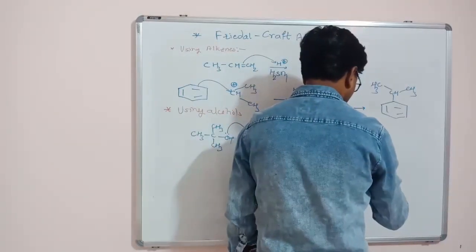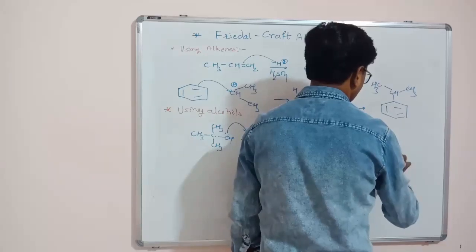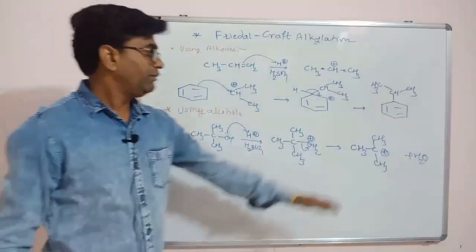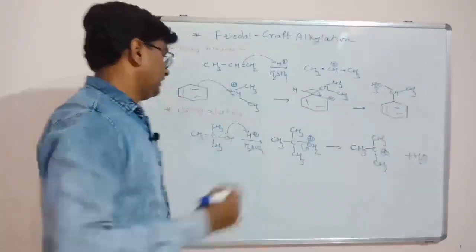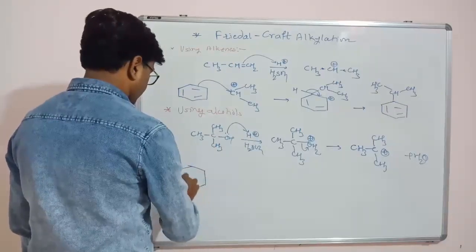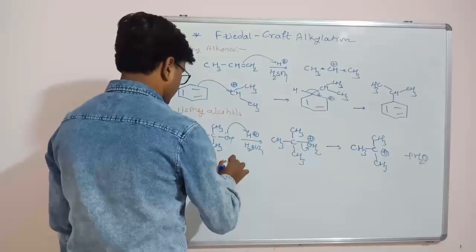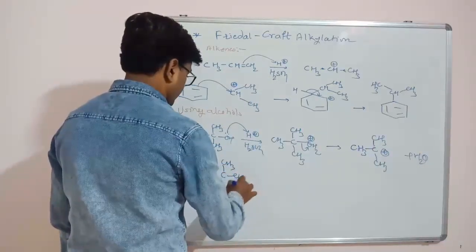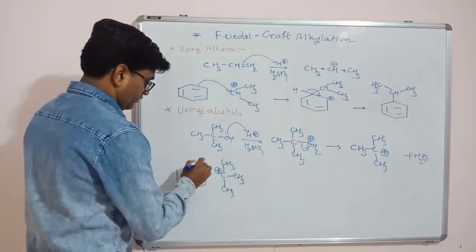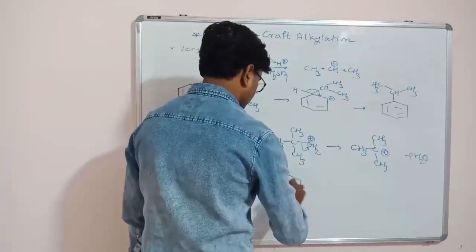So we will get this tertiary butyl carbocation plus water as a byproduct. Now we have a carbocation, our electrophile. Next step is formation of sigma complex. So this is our carbocation, (CH3)3C plus. The pi bond will attack this carbocation and we will get this sigma complex.